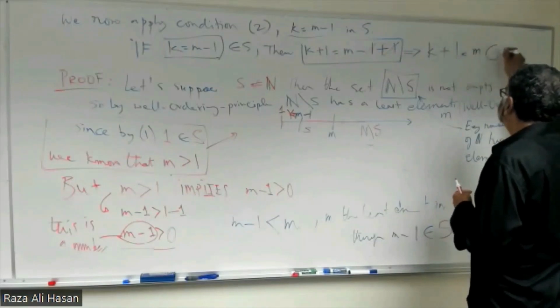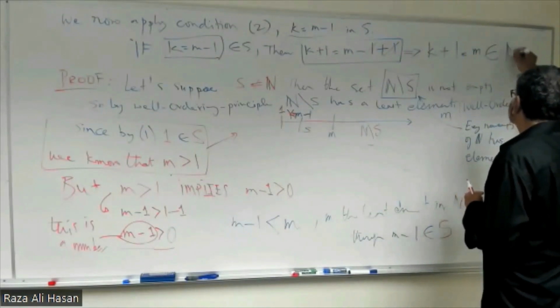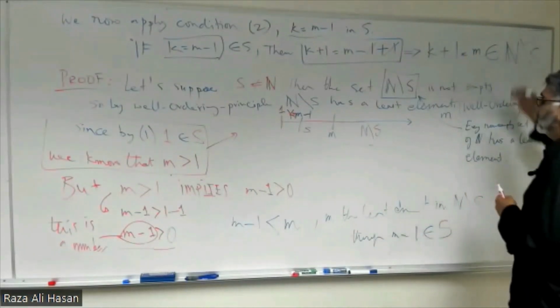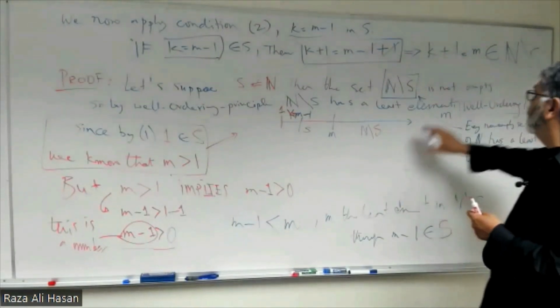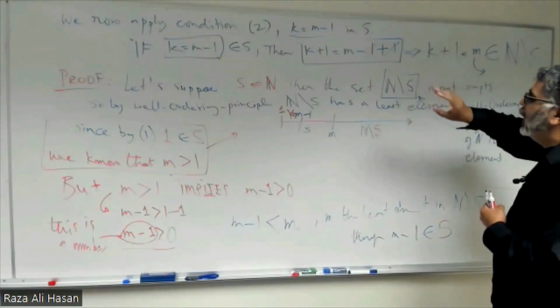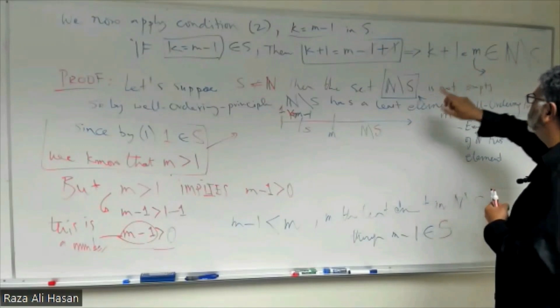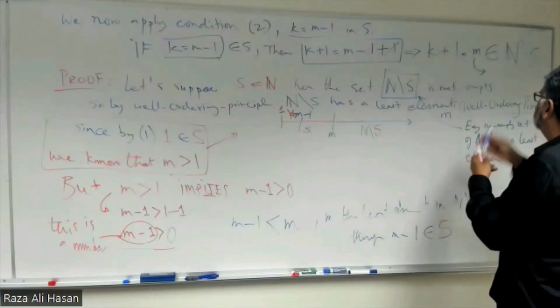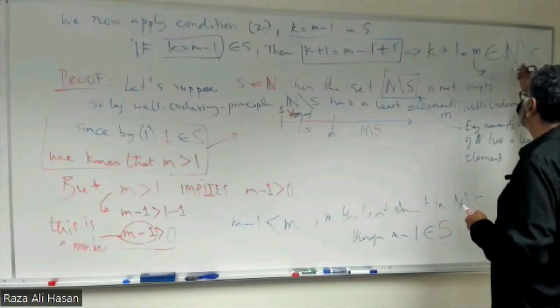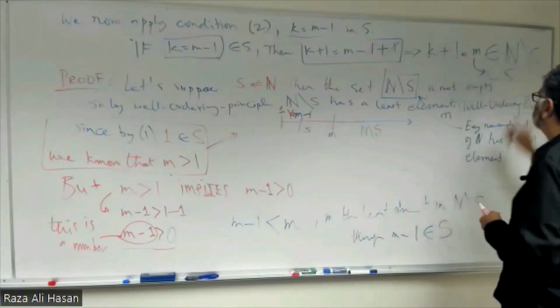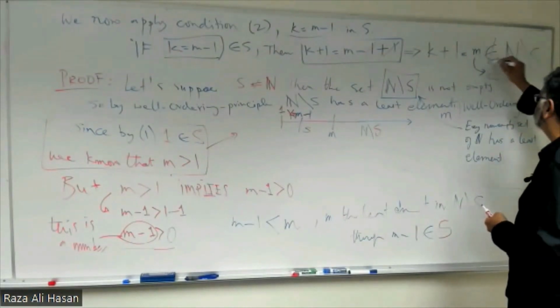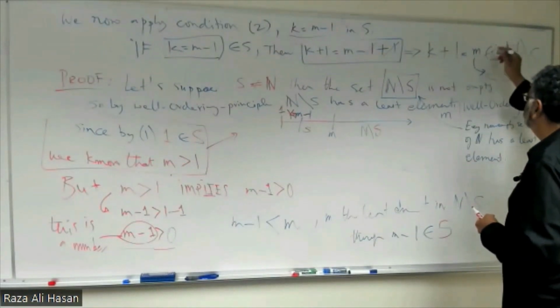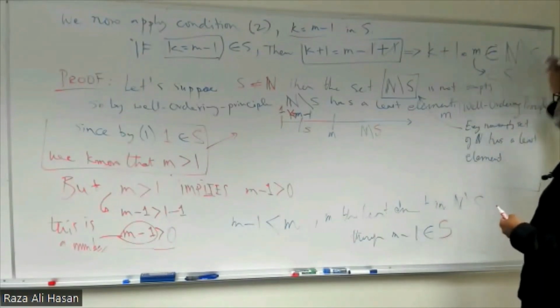And where did M belong to? On this line here, right? By hypothesis 2, M actually belongs to S, not to this. But right now it is belonging to both.